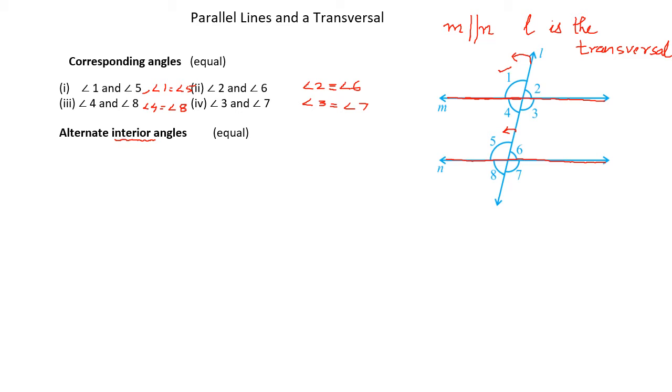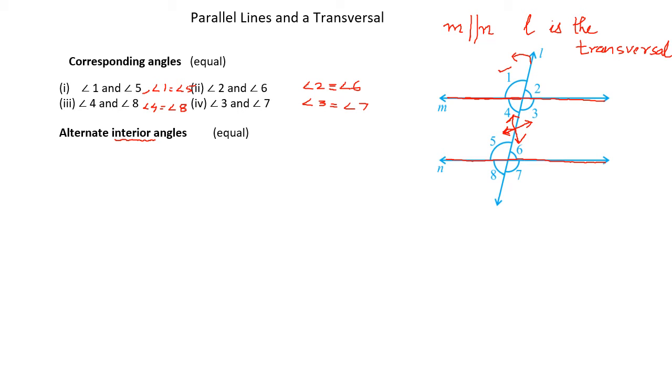So alternate interior. Now when you see these angles, 4 and 5 are inside, 3 and 6 are inside. These are inside angles. But we are asking about alternate, not on the same side, on opposite sides. So if I take 4, then the alternate side is 6. 4 and 6. If I take 5, then the alternate side is 3.